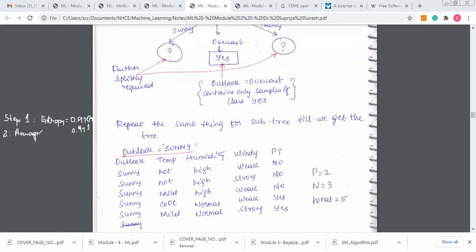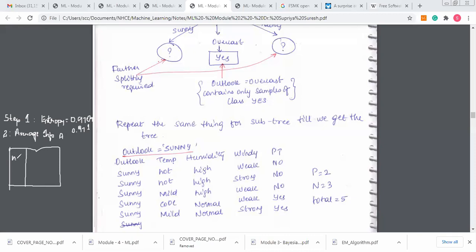Calculate the average information of each and every attribute. So the attribute first, I'm going to consider the temperature. So I will create a table now. With respect to Outlook Sunny, anyway, that's going to be the same. I have three values: hot, mild and cool.